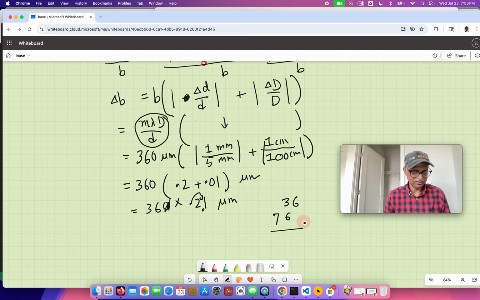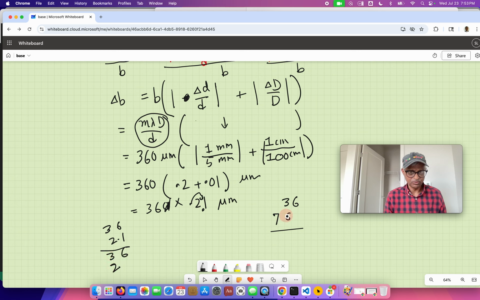I earlier got a different answer, so I don't know why I'm getting this answer. So let's see, 36 and 21, right? It's 2.1, so we have a 36.